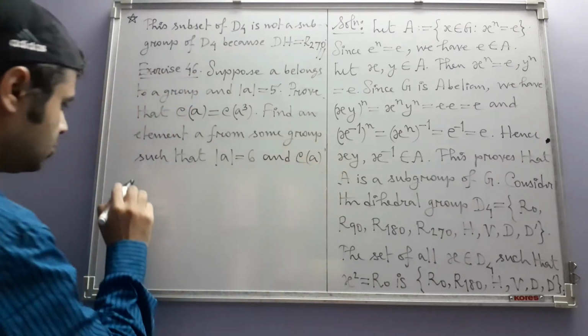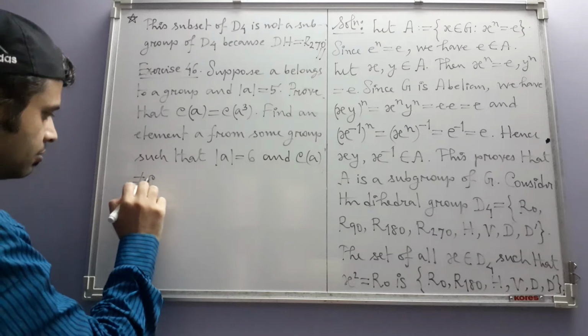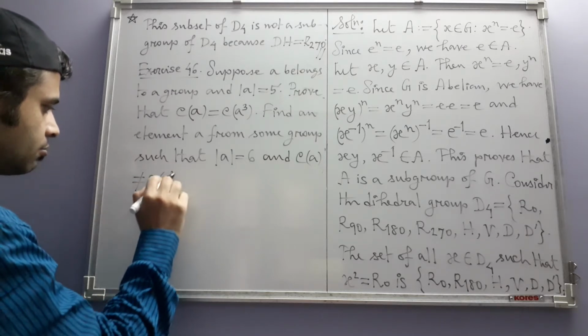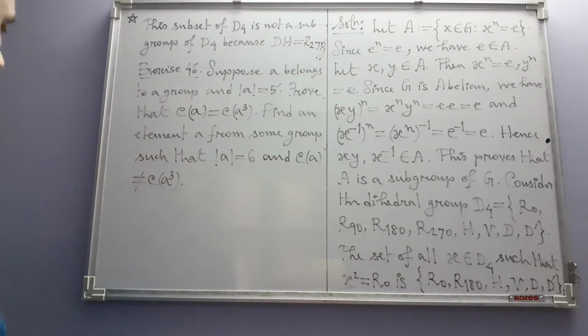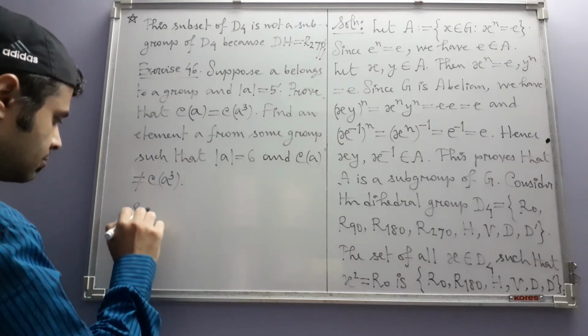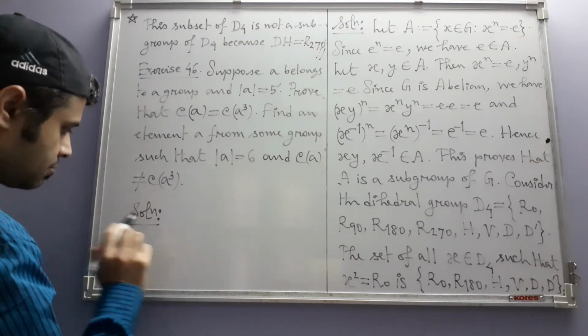Centralizer of A is not equal to the centralizer of A cube. Okay, so let's see the solution.